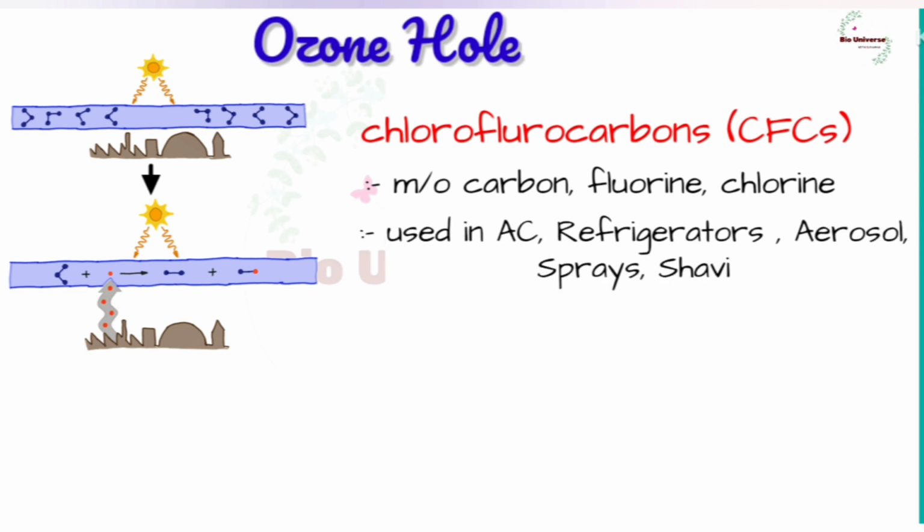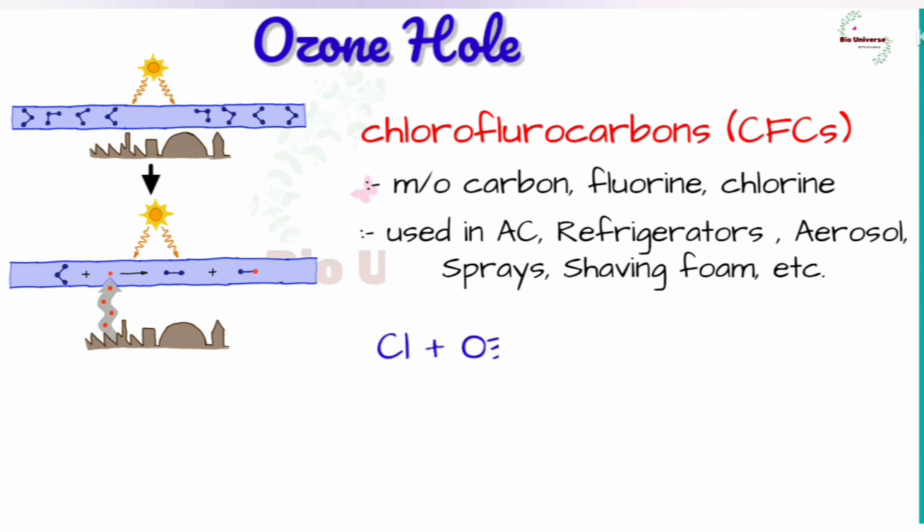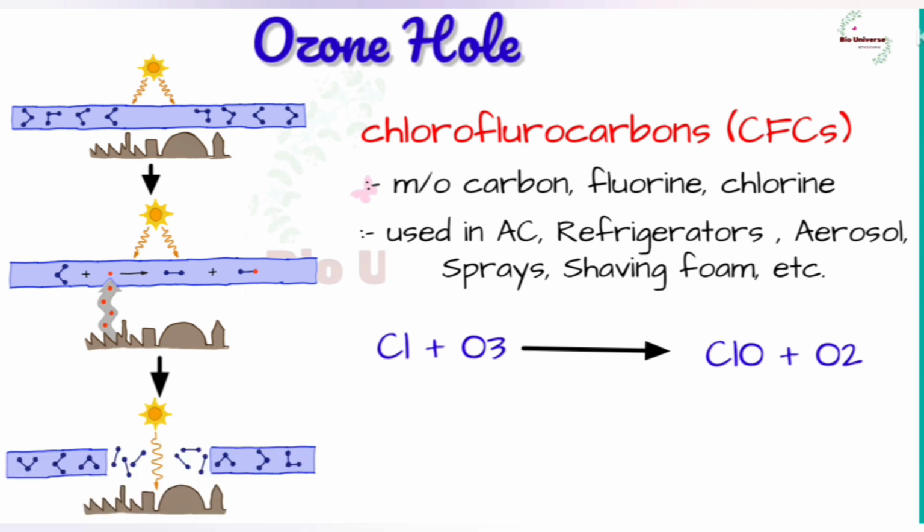CFCs are used in air conditioners, refrigerators, aerosol sprays, shaving foam, fire extinguishers, etc. These compounds rise up high in the atmosphere and break down to form chlorine atoms. These chlorine atoms react with the ozone to form oxygen. As ozone gets converted to oxygen, the amount of ozone in the ozone layer decreases.